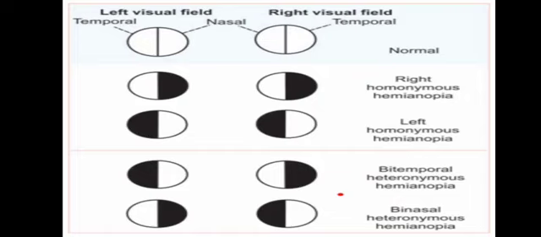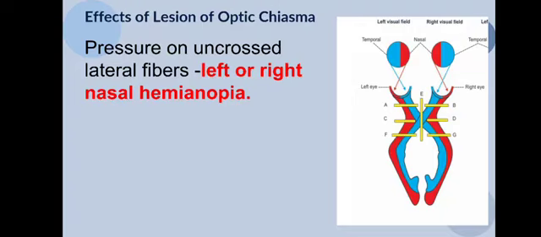At the same time, if the vision from the two temporal regions is lost, it is known as bitemporal heteronymous hemianopia. And if the loss of vision is of the two nasal visual fields, it is known as binasal heteronymous hemianopia.